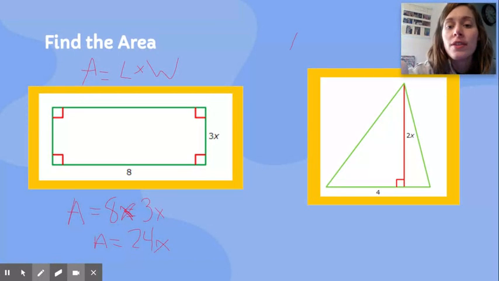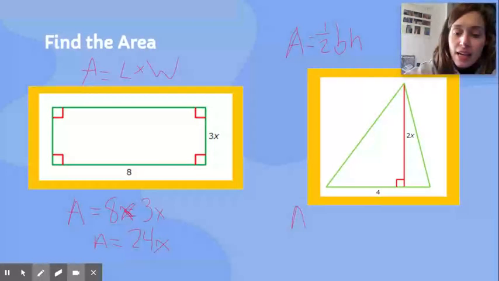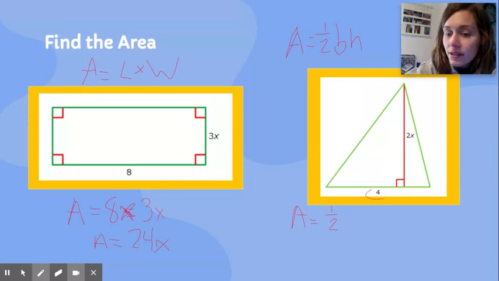Now my next example, I have a triangle. And we know the area of a triangle is 1/2 base times height, right? So I'm going to set this up and say that the area equals 1/2 times the base here, 4, times the height here, 2x.